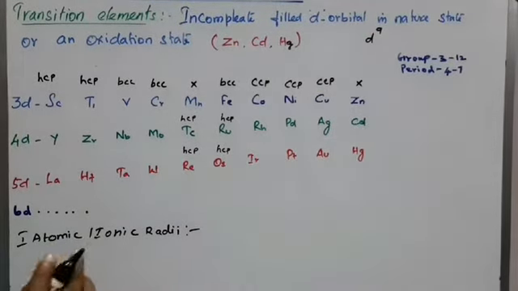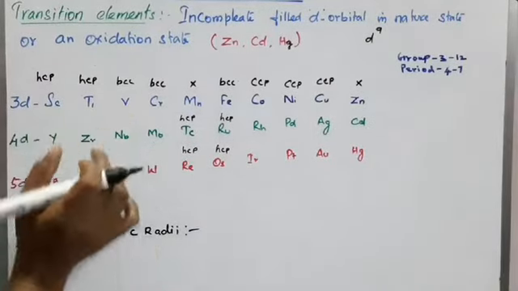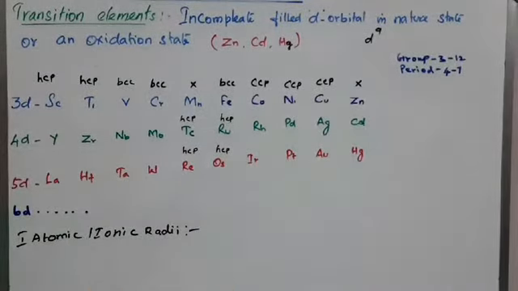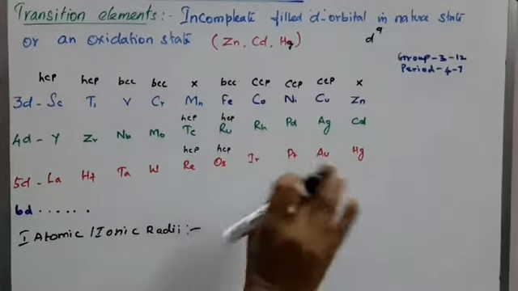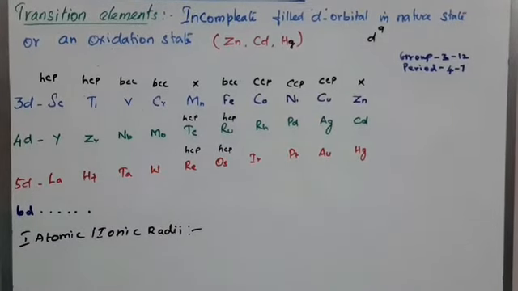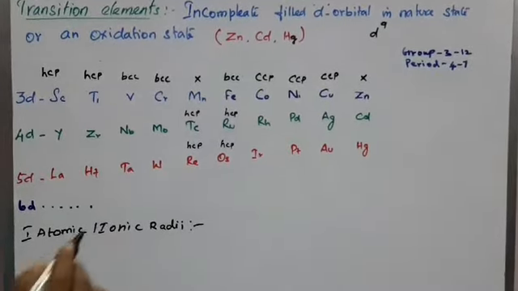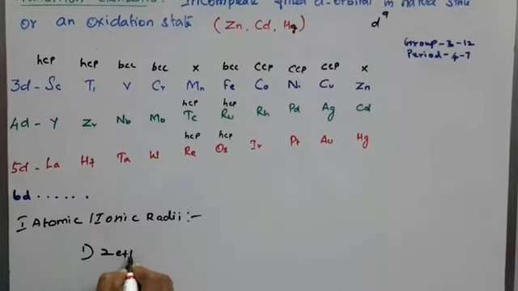Why does the 3d series decrease from scandium to vanadium, then become constant, and from iron onwards stay more or less similar and then increase? Because of the effective nuclear charge.